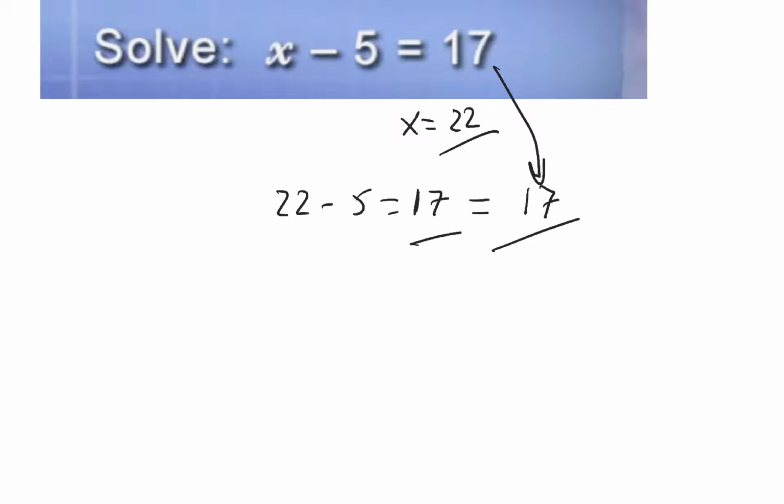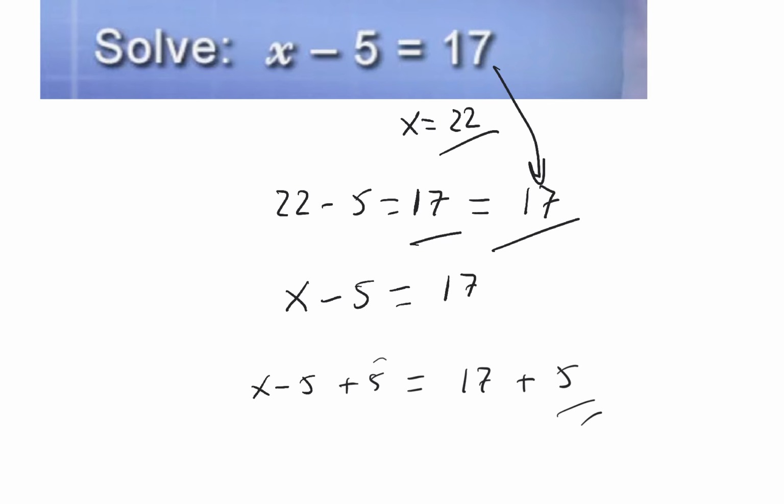The way that we solve is in this way. We write the equation, x minus 5 equals 17. Now we need to isolate the x. How do we isolate the x? Because this is an equal sign, you can sum something at the left, and you can sum the same thing at the right.